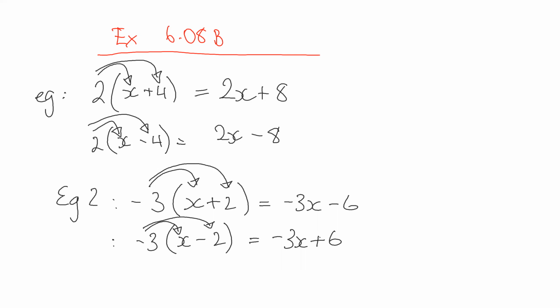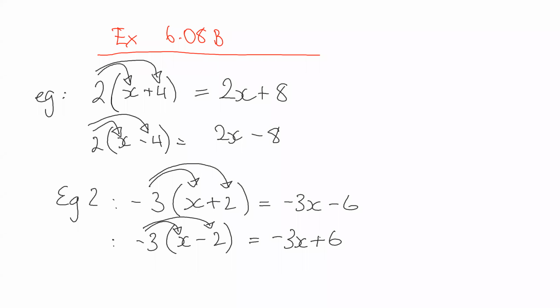We're multiplying, okay? The only difference here that we have to realize is that when we're multiplying a negative number by a negative number, the answer is going to be a positive number. When we multiply a negative number with a positive number, our answer is going to be a negative number.